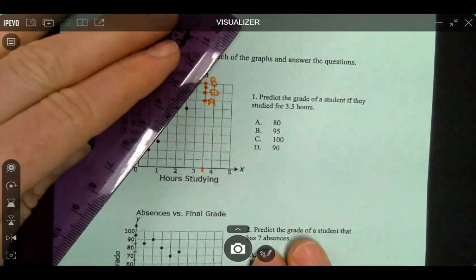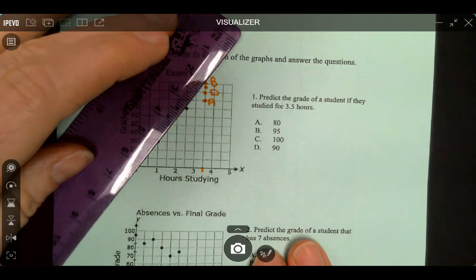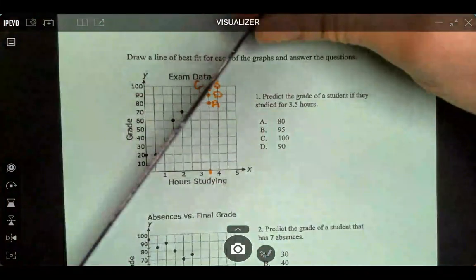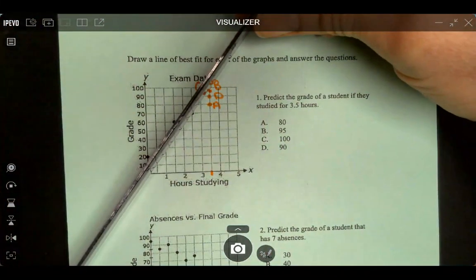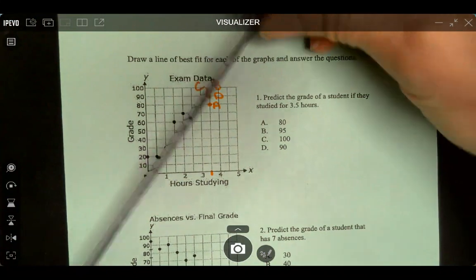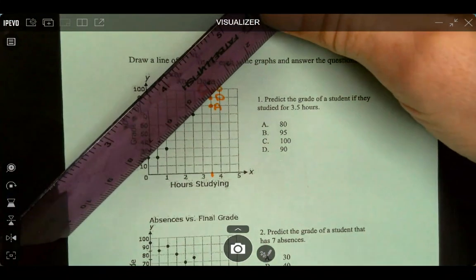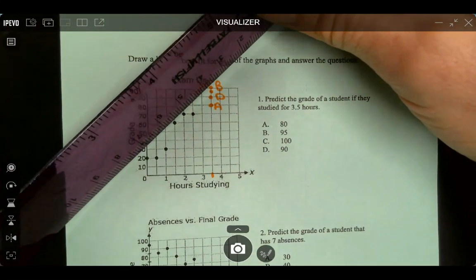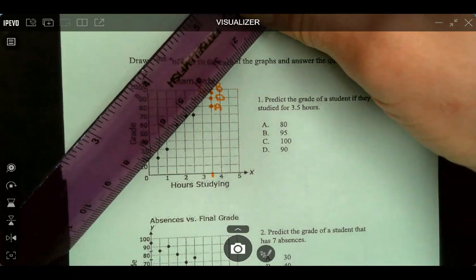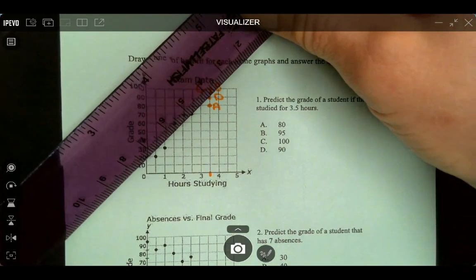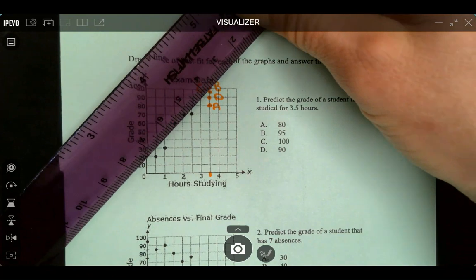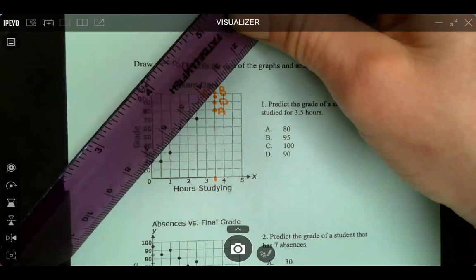Okay, so let's look. If you do your line through C, that kind of looks too steep.